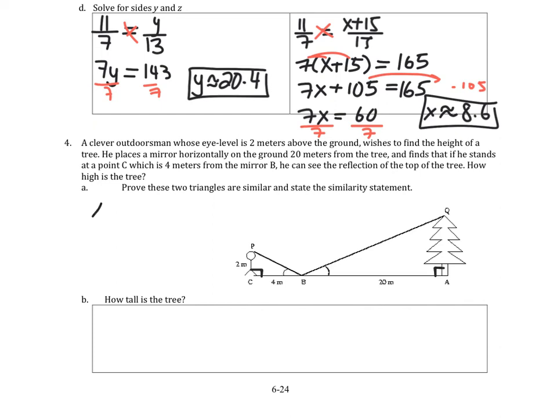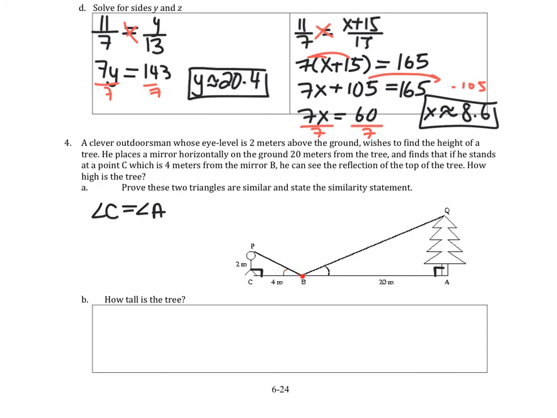So we can state that angle C is equal to angle A. Now the next set of equal angles, we have to rely on the law of reflection, which hopefully you saw in physics when you were doing optics, but it pretty much states that the angle of incidence is equal to the angle of reflection, and your angle of incidence is this angle right here. So looking down, the guy looking down into the mirror, that's your angle of incidence right there.